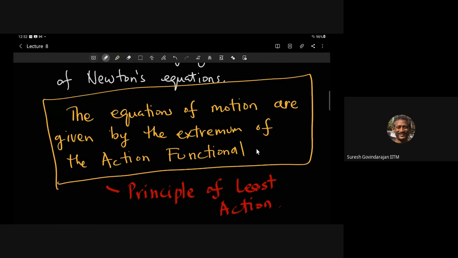So in the next few lectures, we will be spending our time on this. We'll come back to looking at more general dynamical systems later, but we'll focus on understanding this idea. The great thing about this principle is that it comes down to asking what is the action functional. We want to model some system, and let's assume that we are able to model it with some action functional.